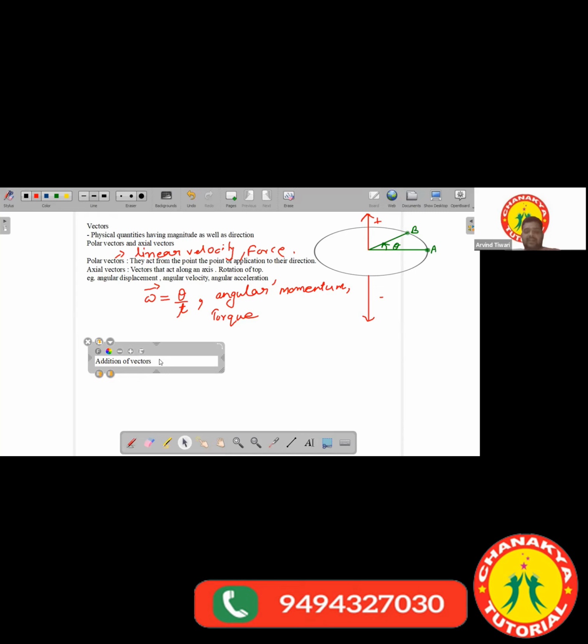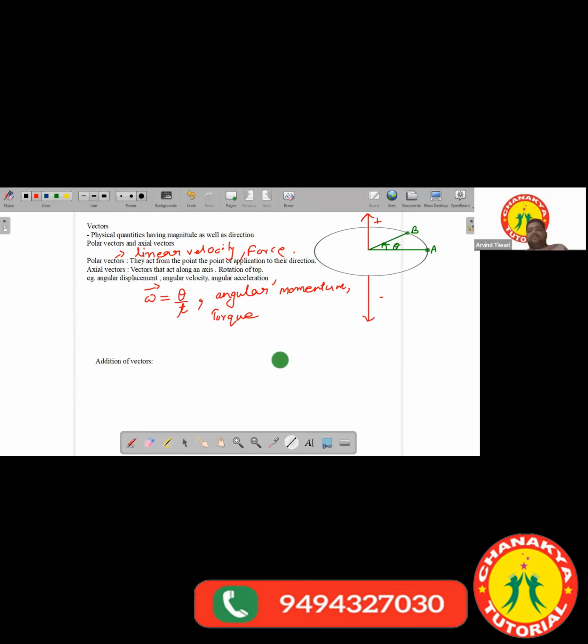So here I'll consider an example for addition of vectors. Suppose we have an object, and let it be subjected to a number of forces.